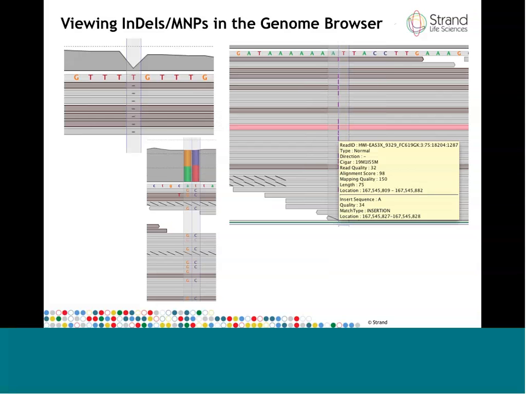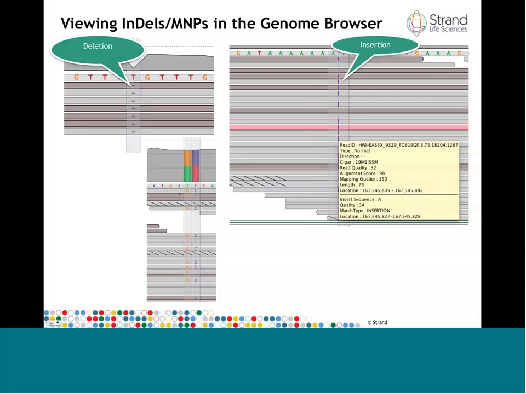Even though I talked about SNP calling, what we are calling is actually a more general class of variations, which includes small indels and multiple nucleotide polymorphisms, in addition to SNPs. Here, for instance, is a deletion. You see all of the reads have the T missing, and so the genome browser shows that with a dash, a hyphen, in each of the reads. Here you see an insertion.